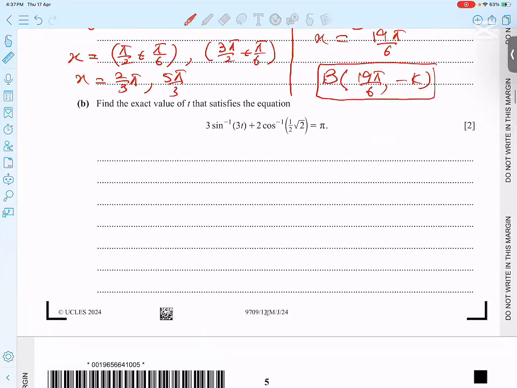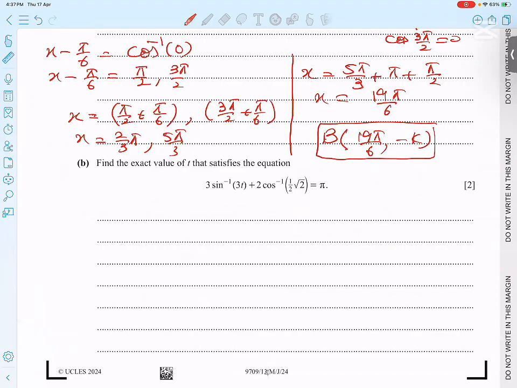Let's talk about this question. Here t is involved, I have to find the exact value of t. Here t is involved, but in another part there's no t involved, and not even in the other. So all are variables. So I bring this to the other side. It will become 3 sine inverse 3t is equal to pi minus 2 cos inverse root 2 by 2.